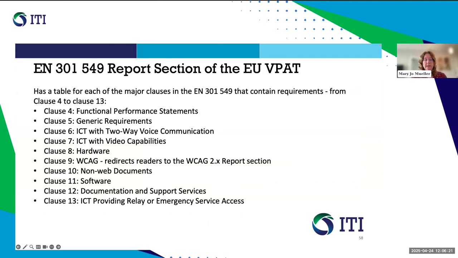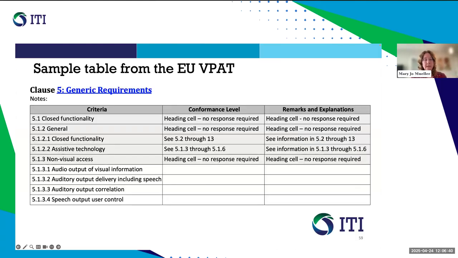In addition to the WCAG tables, the EU also features tables for the various clauses in the EN 301549 standard. Tables are provided for each clause from Clause 4, Functional Performance Statement, to Clause 13, ICT providing relay or emergency service access. So this is a sample table from the EU VPAT showing Clause 5, generic requirements.